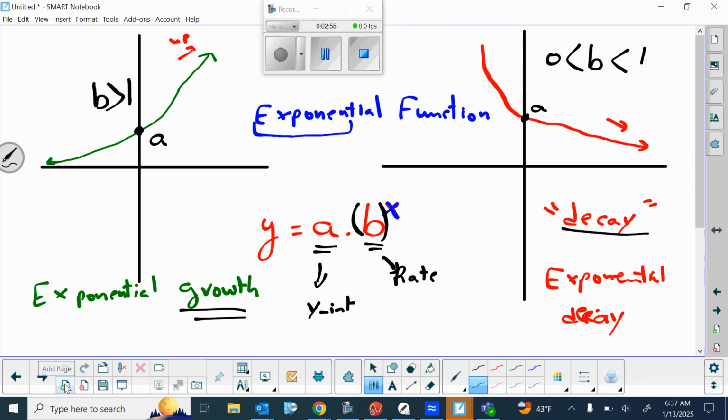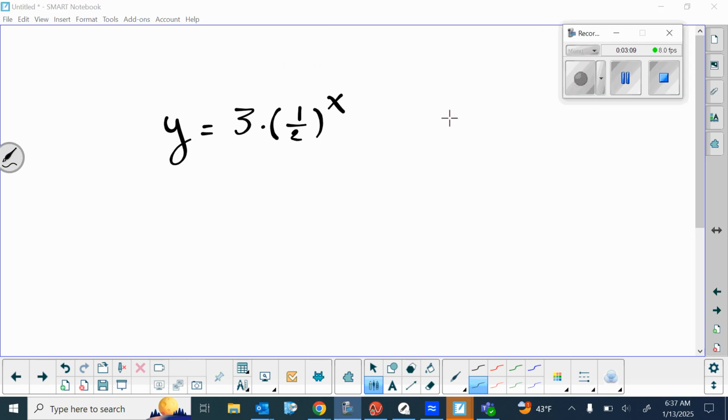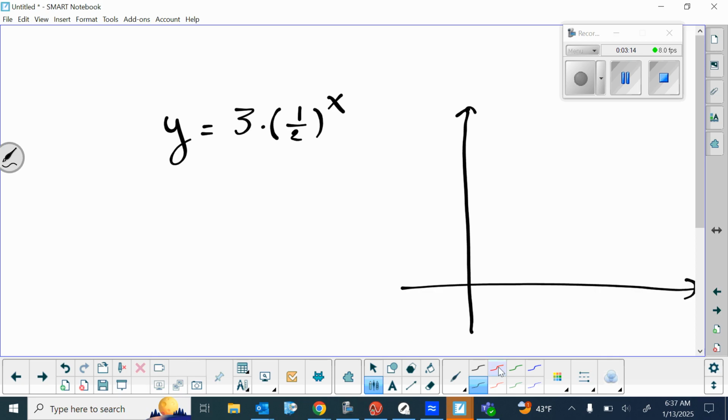So now I'm going to show you some examples. I'm going to choose the first function: y equals 3 times one half to the x. So this is an exponential function. If I want to study this exponential function, I need to label my a and b.